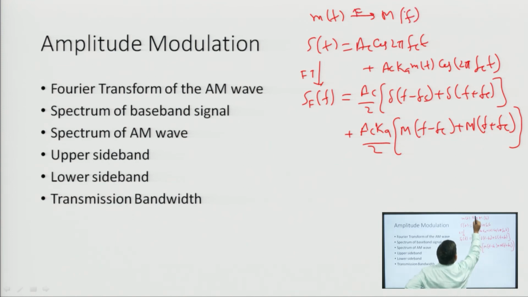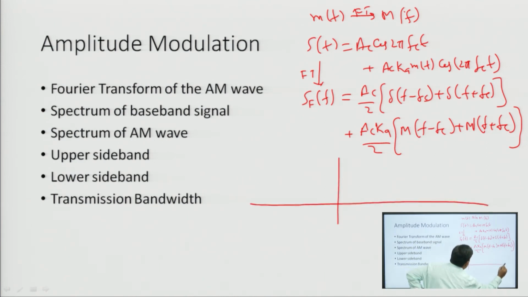Okay, Fourier transform of the modulating signal. If we plot its frequency domain signal, then Ac/2 δ(f − fc). Suppose this point is fc, this is −fc.